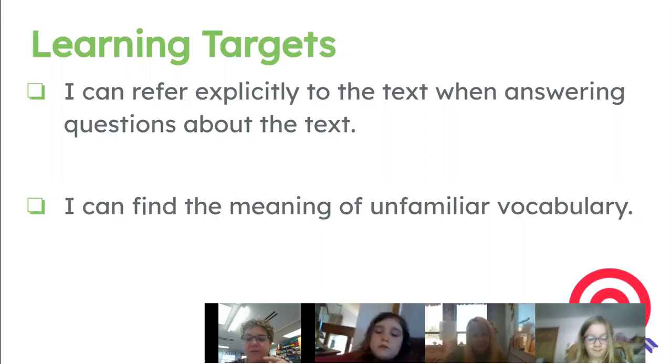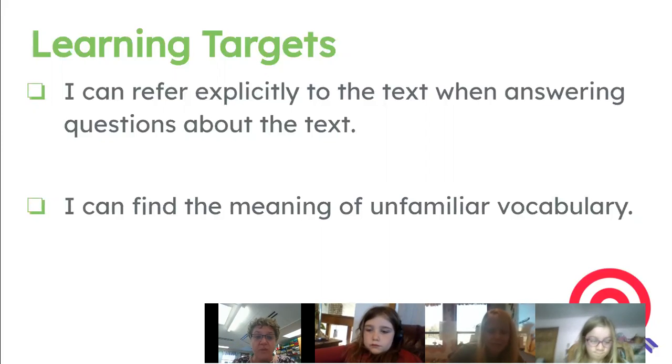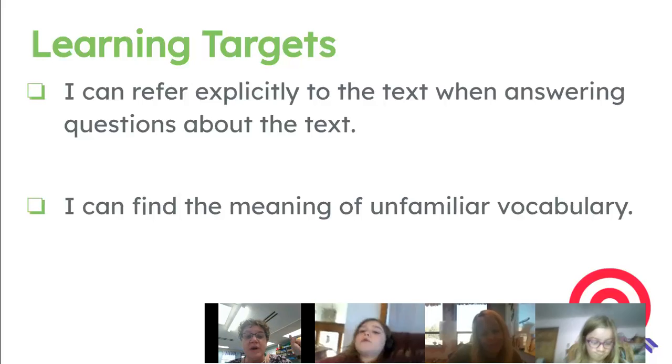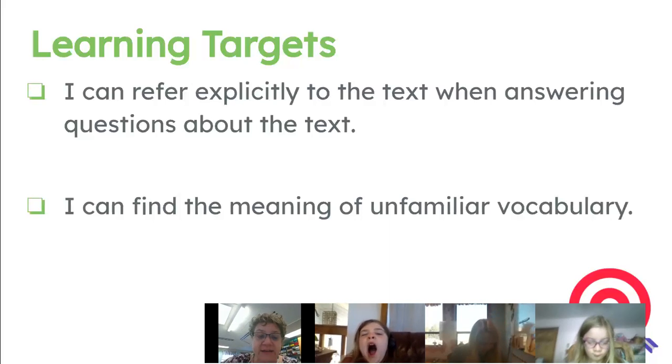So what we've been doing in class so far is that when you have that text in front of you, you can put your finger on the answer. So when we say refer explicitly, that means you go back to the text and you say, right here, it shows, and then whatever the answer is.